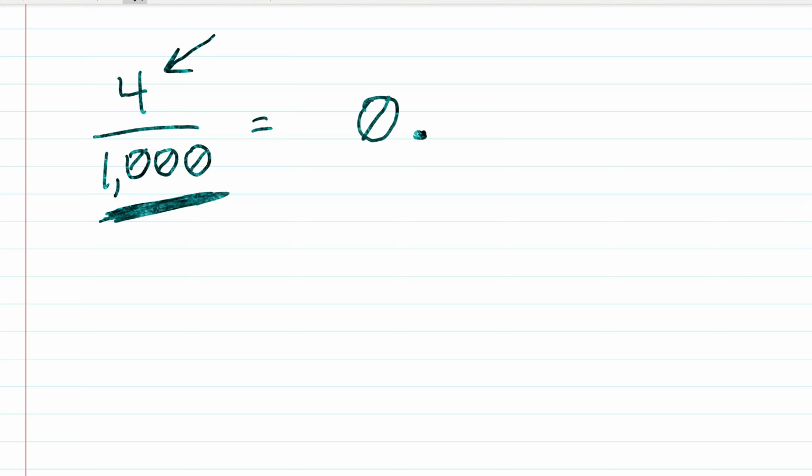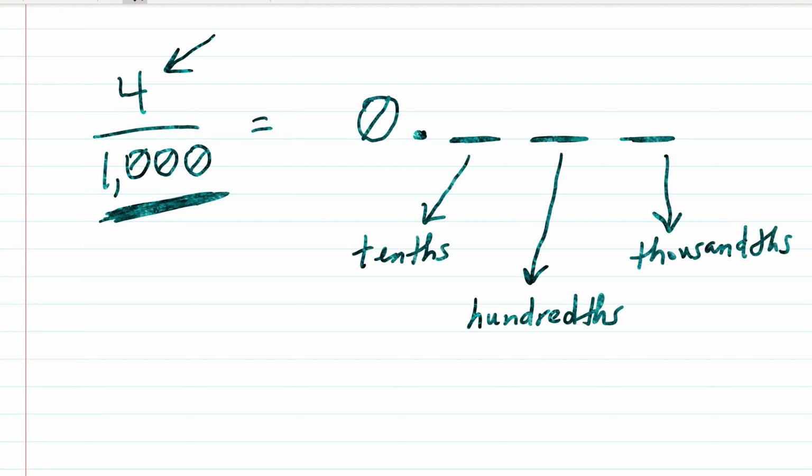So let's make some blanks as place values. Remember, we start with the tenths place, then the hundredths place, and then the thousandths place. I have those places written out for us. There's only a 4 in the numerator, and that last digit has to be in the place the denominator is telling you, which is the thousandths.